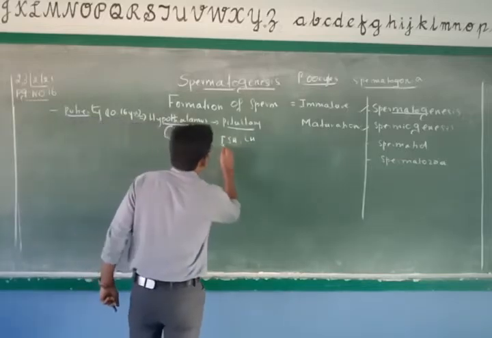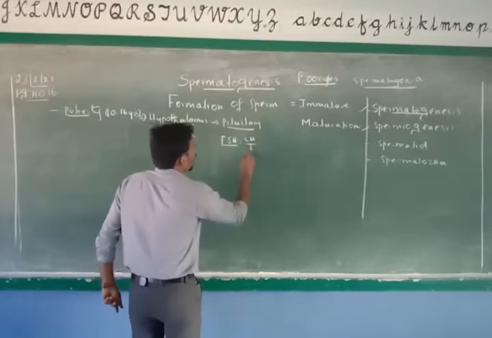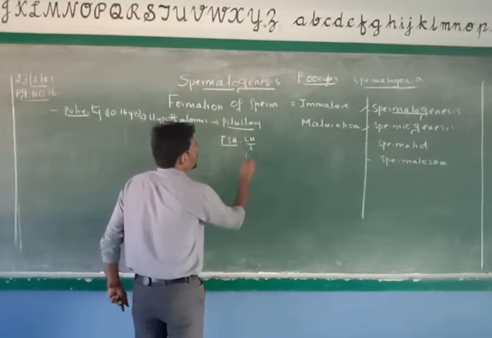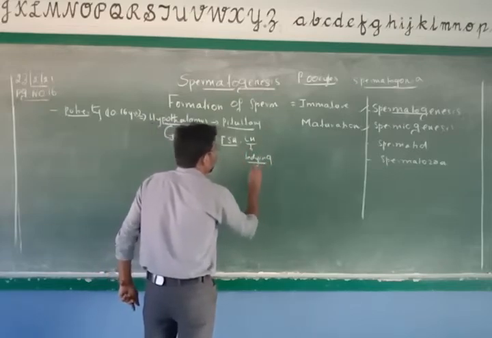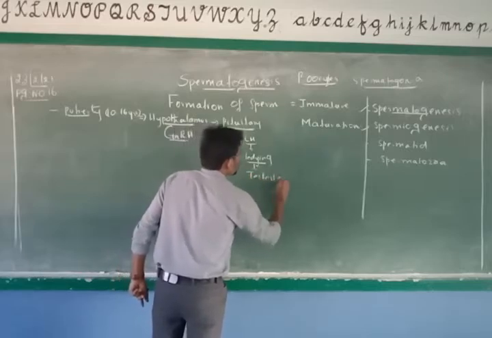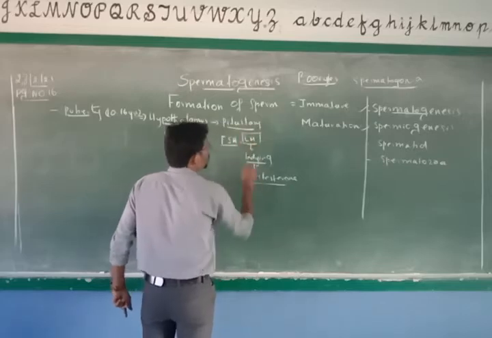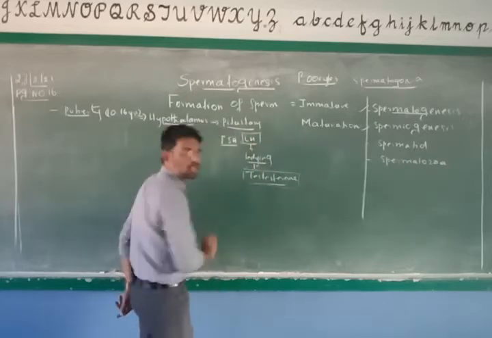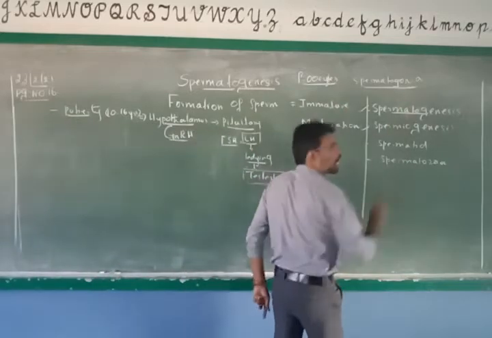Now, the role of the luteinizing hormone is that it will act on the cells in the testis called Leydig cells or interstitial cells, and it will produce a hormone called testosterone. So, LH is involved in producing testosterone. Whenever you have this hormone, spermatogonia is produced.